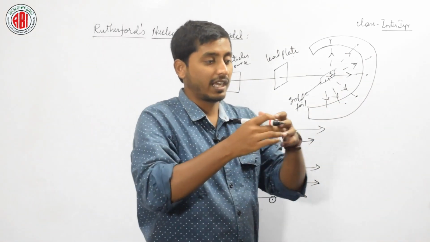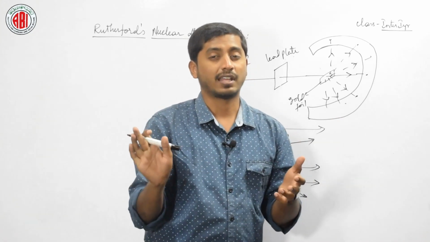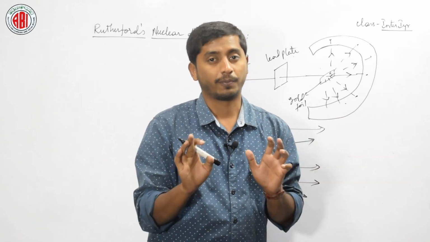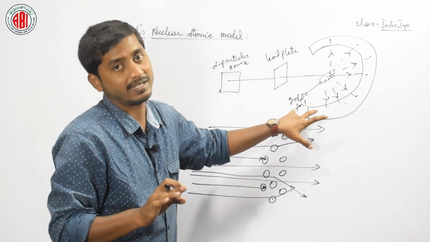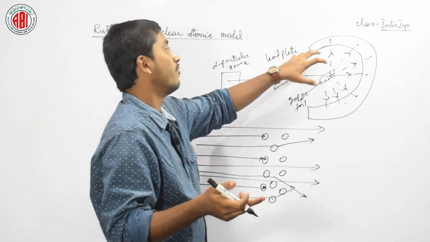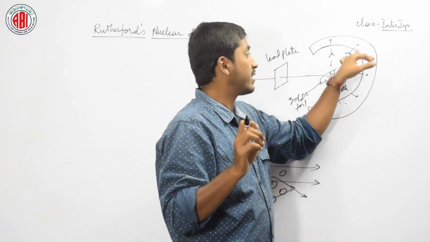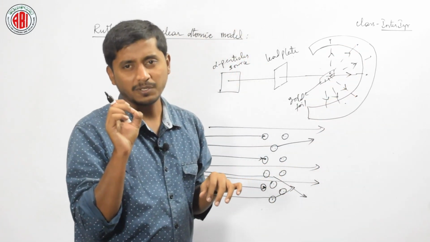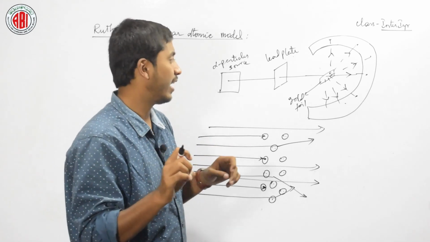It is a kind of coverage on which zinc sulfide is coated. These are also called fluorescent plates, or simply photographic plates. When the particles are incident on it, we can see a bright spot or a kind of light on it.